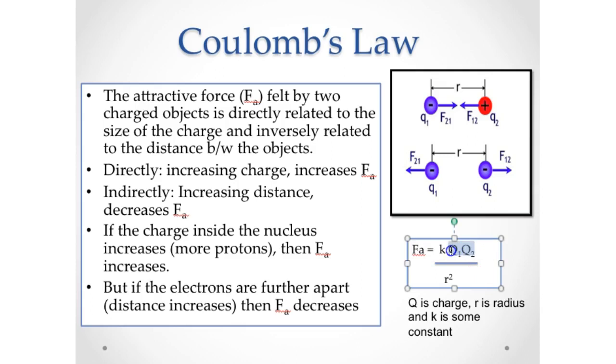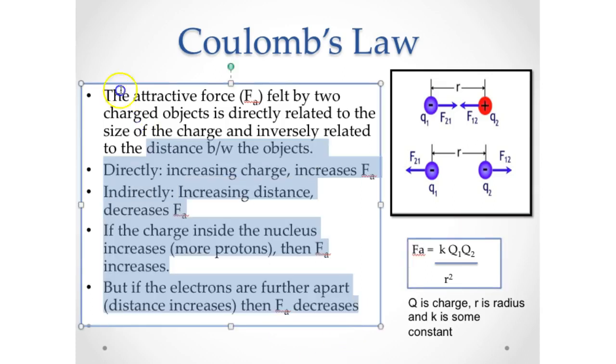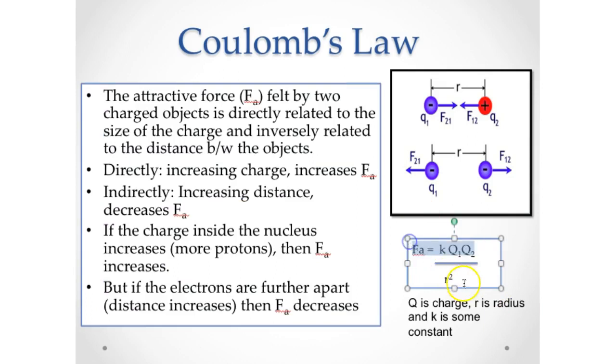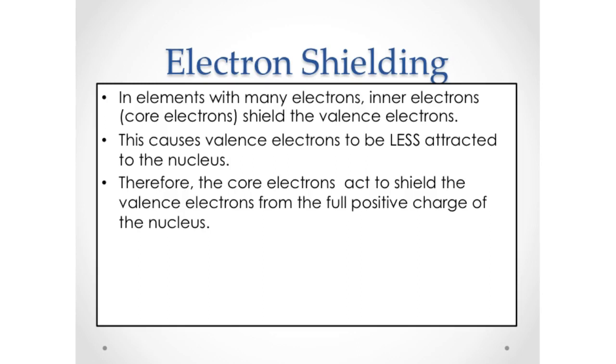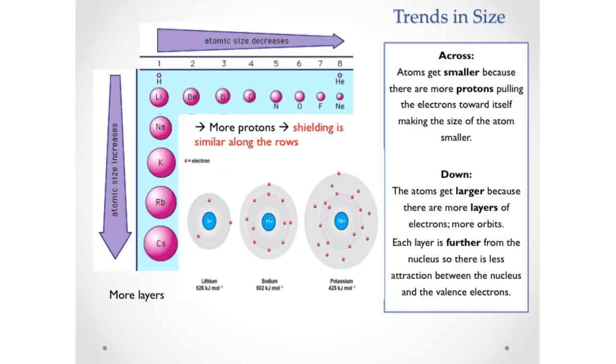Or we could think of it this way: the more positive charge the nucleus has, the stronger the attraction. So everything that I just said is right here. You might want to read through this, but you really need to understand this formula. We're going to skip this slide. You can read it on your own, but I want to explain something called electron shielding. And I'm going to go back to this slide.